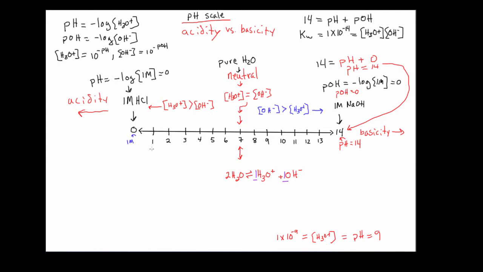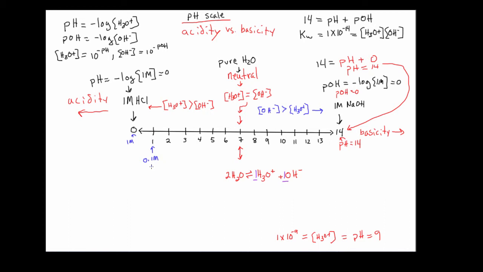At pH 1, and here's where you may want to use your calculator, the concentration of H3O plus is 0.1 molar. You can see that the difference between these two numbers is a factor of 10. We've taken 1 and we've divided by 10. So the difference in H3O plus between 0 and 1 is a factor of 10.